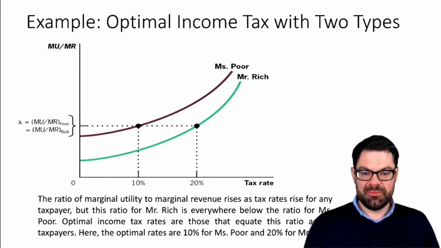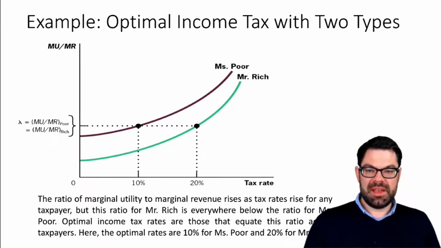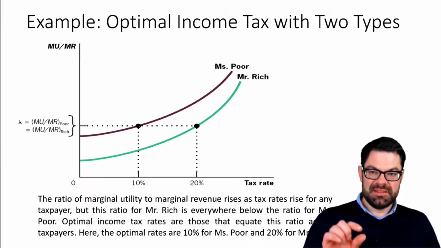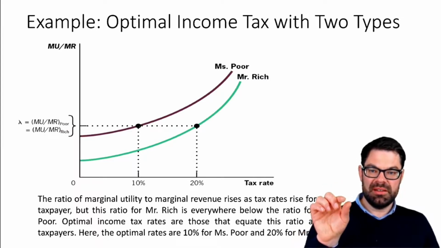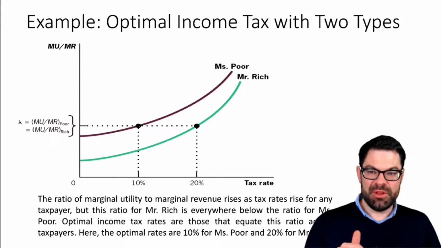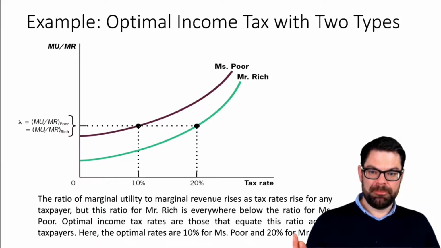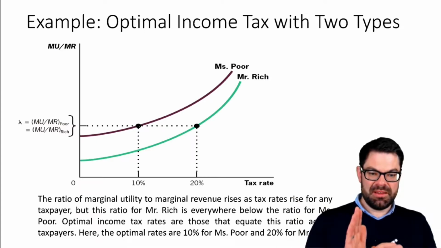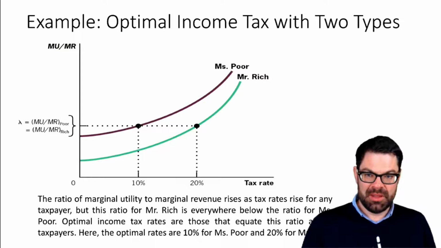So this is again from Gruber's book. Here what has been traced out is the marginal utility relative to marginal revenue on the vertical axis, or sorry, on the vertical axis versus the tax rate on the horizontal axis.